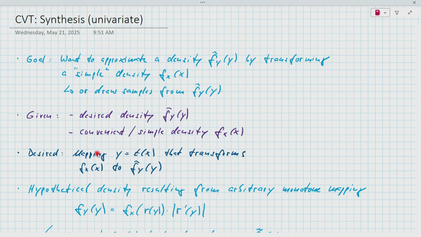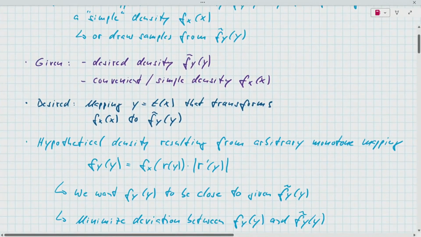Then what we desire is a mapping, this mapping T, that transforms the simple density to the given density. So that is what we want. So in contrast to what we did before, where we are given this mapping, we now want to calculate that. So what we need for that?